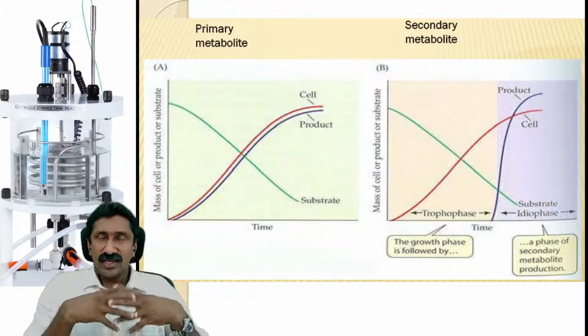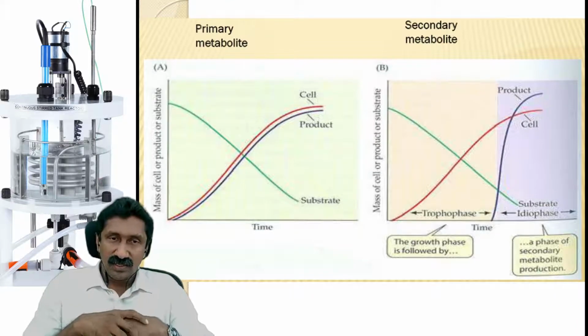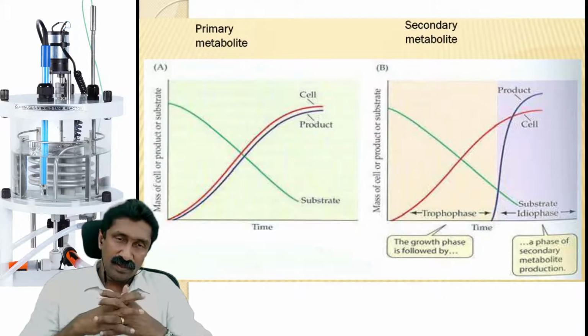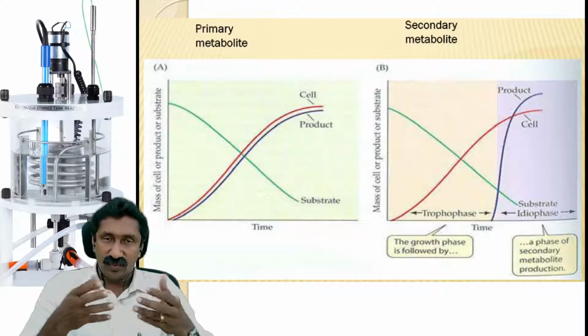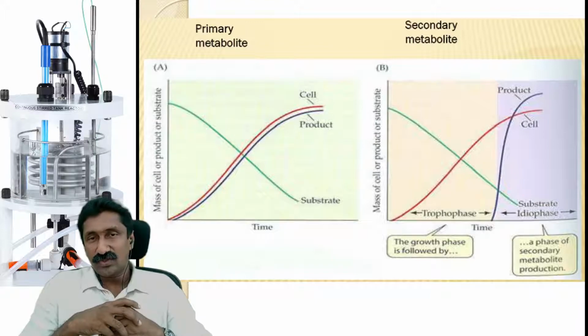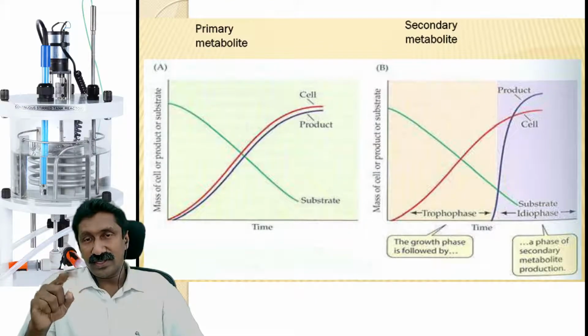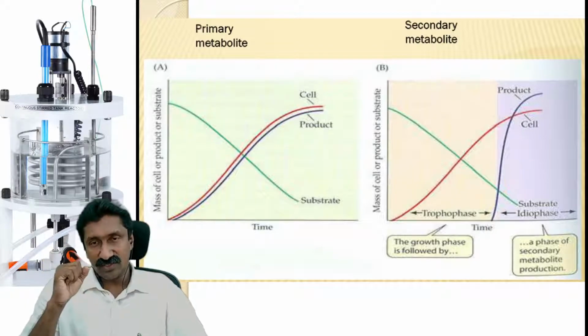So if you are designing a pathway or an industrial process, you should look at the phase of growth of the organism. If you are looking for a secondary metabolite, you have to ensure that the growth phase of the cell reaches the idiophase for maximum production of the secondary metabolite.